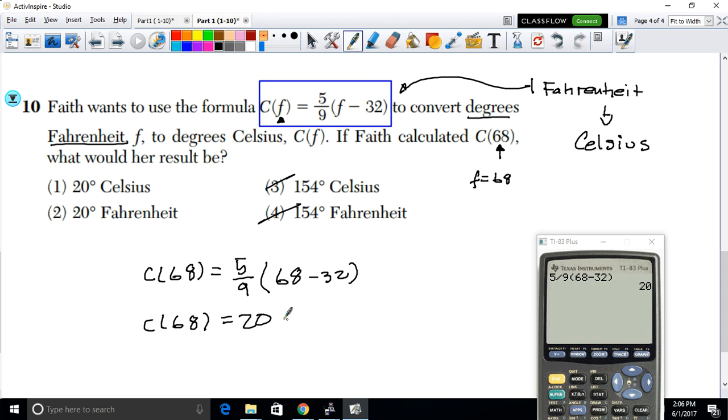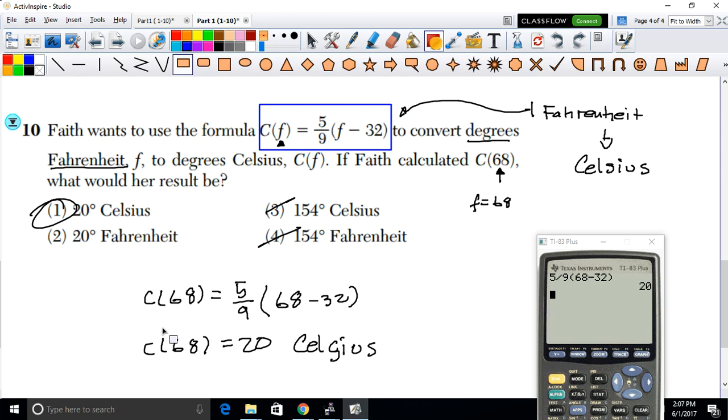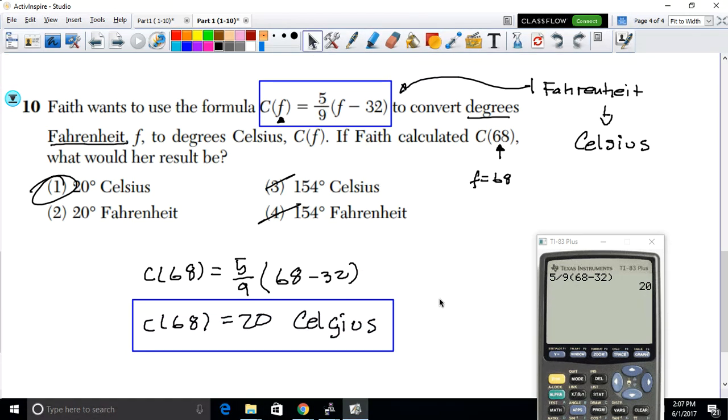So this is Celsius, and the correct option is option 1, because this formula goes from Fahrenheit and the results are given in Celsius. Our result was 20, and our results are in Celsius. So this concludes the first part of our review for the Common Core Algebra 1 Regents review.